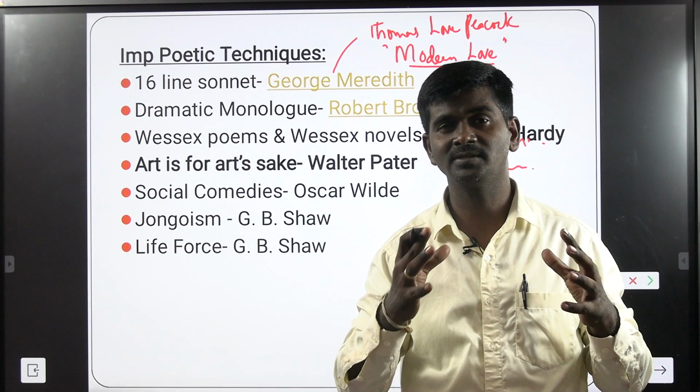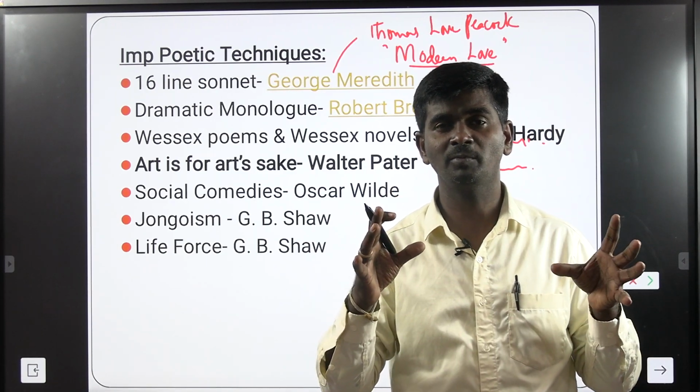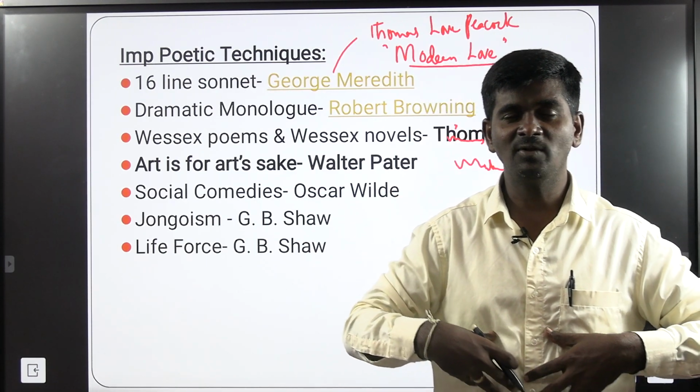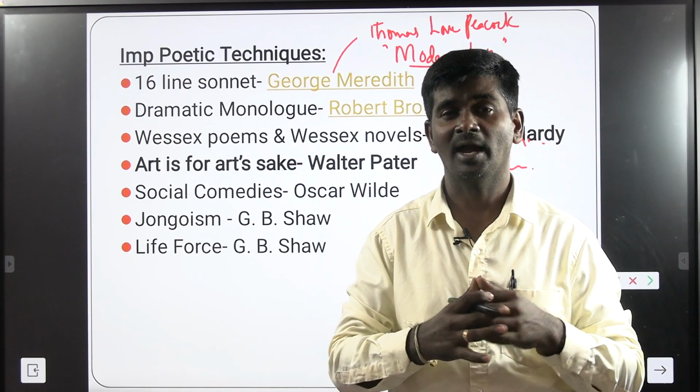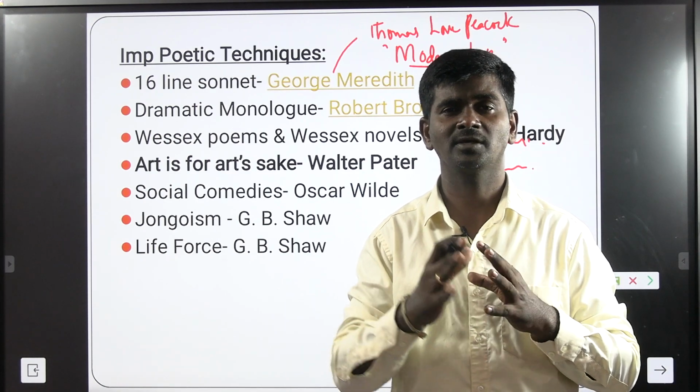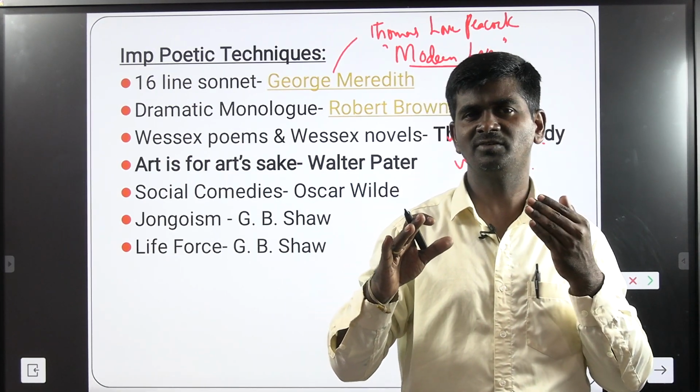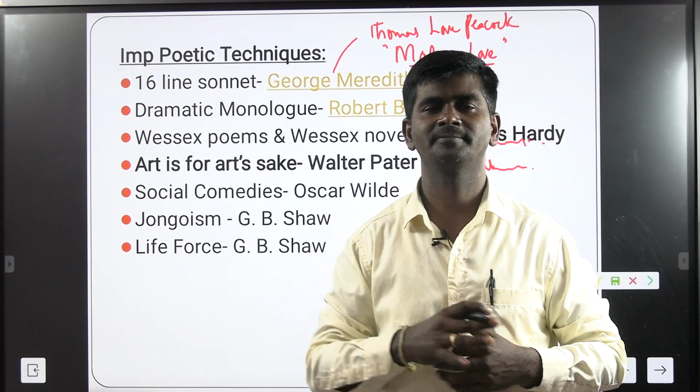Here the focus of the poem is all about self and revelation of the speaker. And the speaker is not the poet. There is no connection at all. The speaker is different and the writer is different in this.